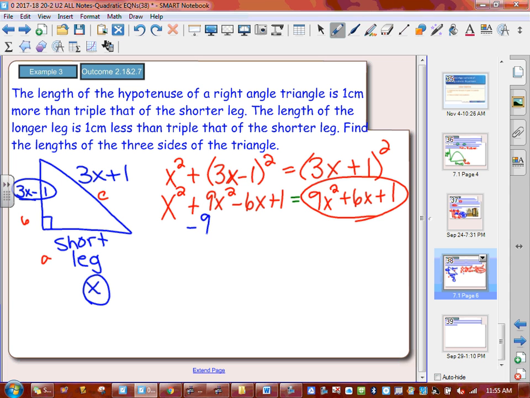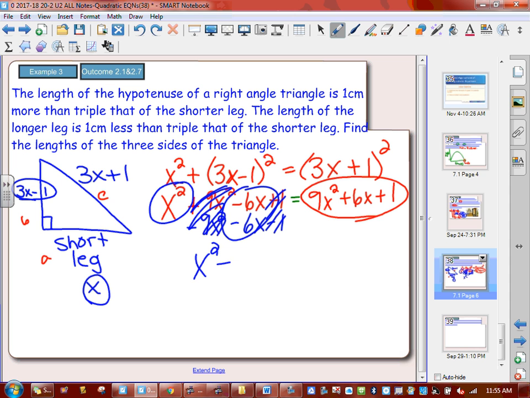Negative 9x squared, these cancel out. Negative 6x, we get more x's, and a negative 1, these cancel out. So we end up with x squared minus 12x equals 0.